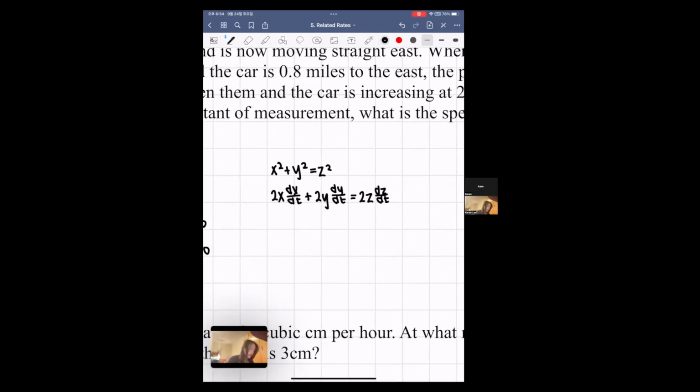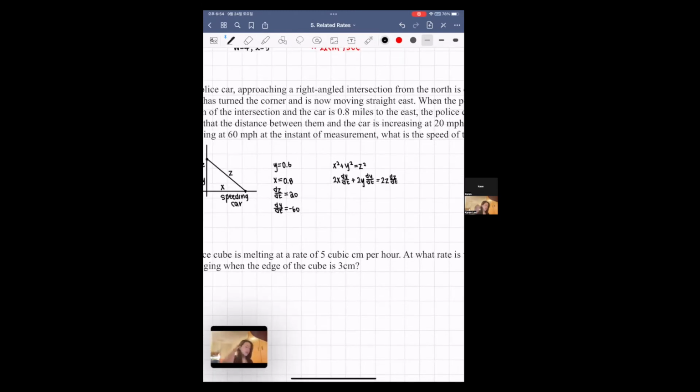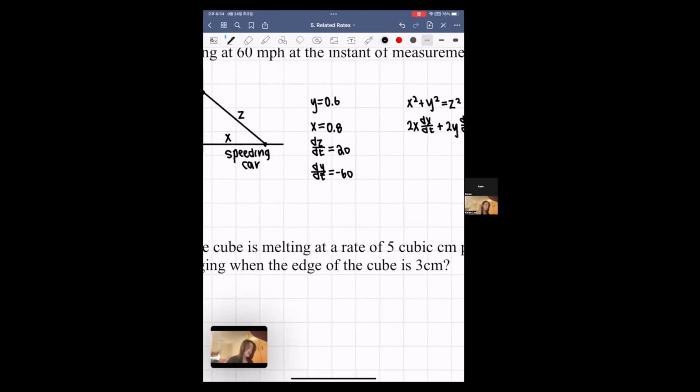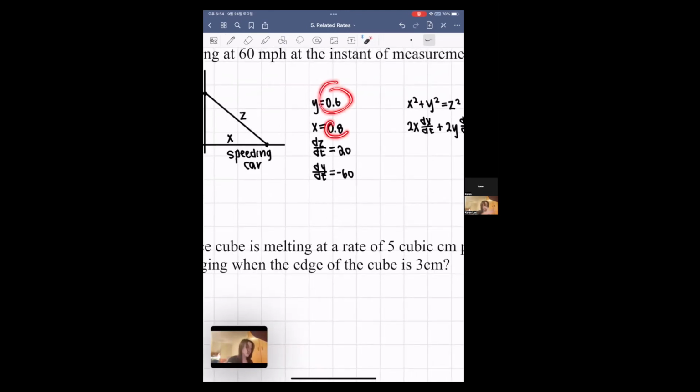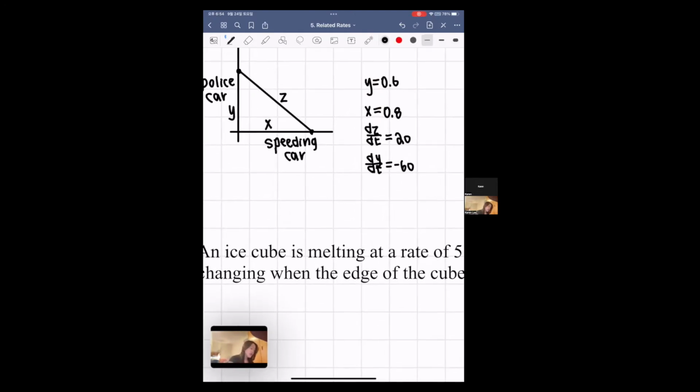and we also need to find the value of z. And z is quite easy because we have the values of 0.6 and 0.8. So we just have to use the Pythagorean theorem. 0.8 squared plus 0.6 squared is z squared. And if we solve, z is 1.